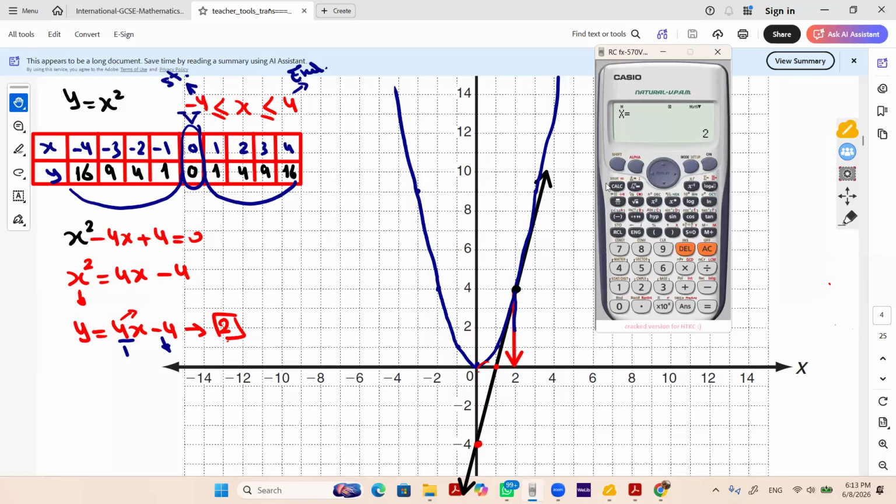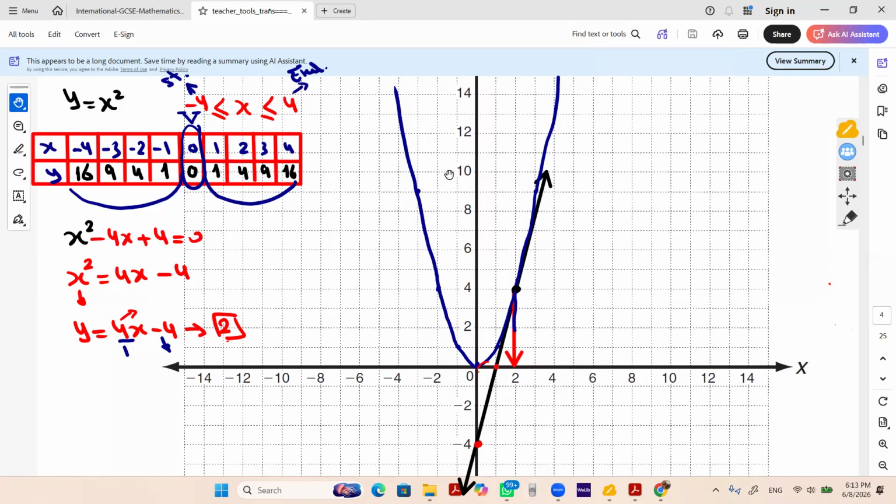So the value of x that makes this function 0 is x equals 2, which is the intersection point between the line and the curve. You understand it? Right.